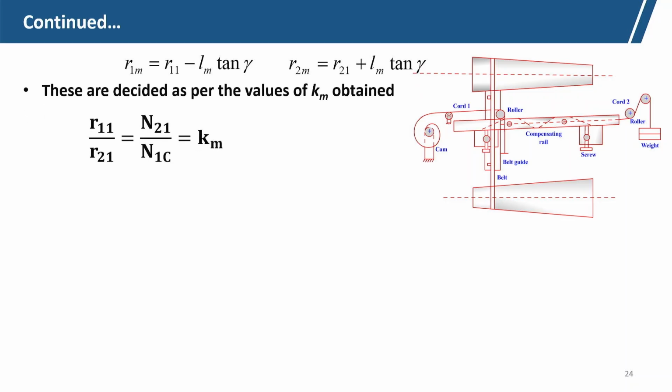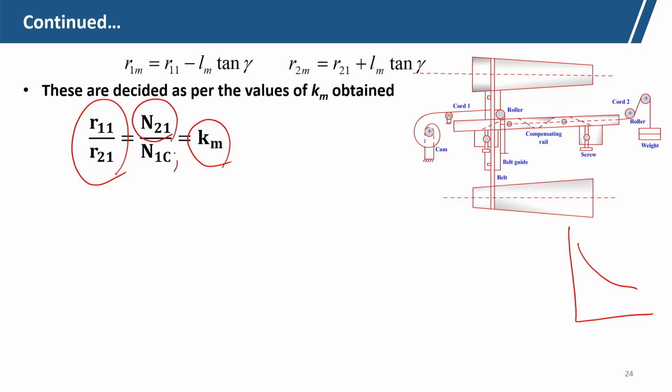Now, these are decided as per the value of Km obtained. So, R11 by R21, for the first layer, is equal to Km, and as we know, Km reduces with the shifting of the cone belt. R11 by R21 is nothing but N21 by N1C.